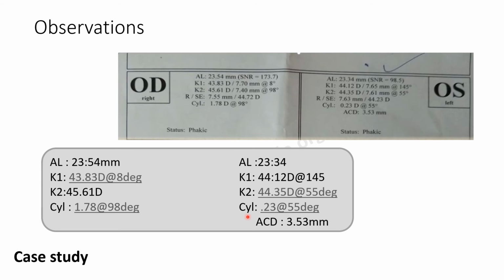It is very important that the biometrician brings this to the attention of the doctor, because without understanding that there is a big difference in keratometry reading between the two eyes, the doctor may actually go ahead and implant a toric lens. But there is a clear indication that this astigmatism in the right eye could be because of irregular astigmatism or dry eyes.